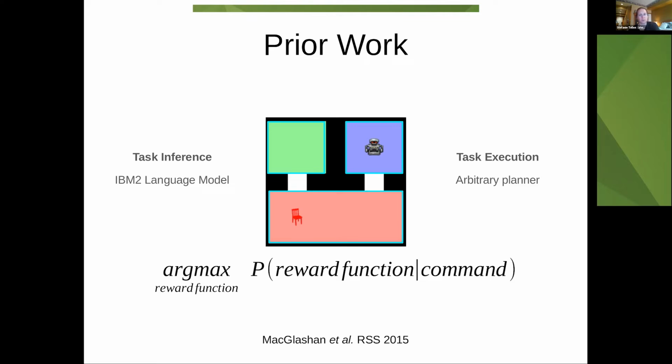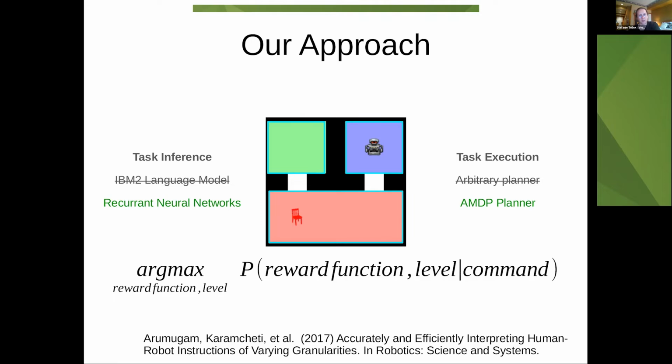You just argmax over different reward functions and find the one that is most likely according to language. So what we did is replaced the single level representation of the reward function with hierarchical abstraction. It would basically estimate the reward function as well as the level of abstraction. And then we upgraded the language model to be neural networks because they work better and they're the current fashion.